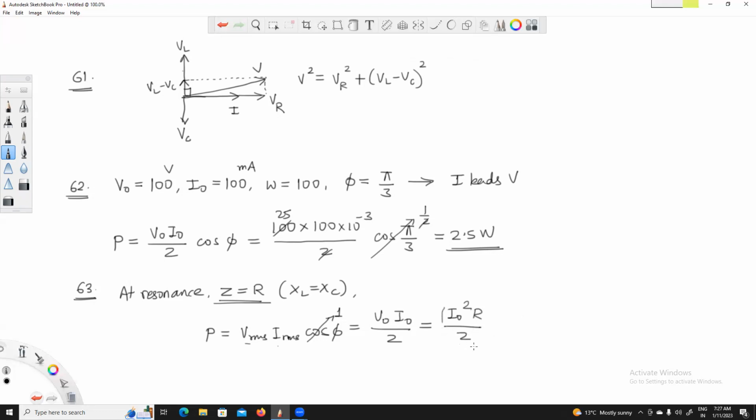And if you use this particular value, you can write this as I RMS square times R. So this is basically I square R. There won't be any omega L, omega C factor, because at resonance, omega L and 1 upon omega C would be same. So it would be in terms of only resistance, because the power will be only dissipated across the resistance. So that's it. I RMS square times R.